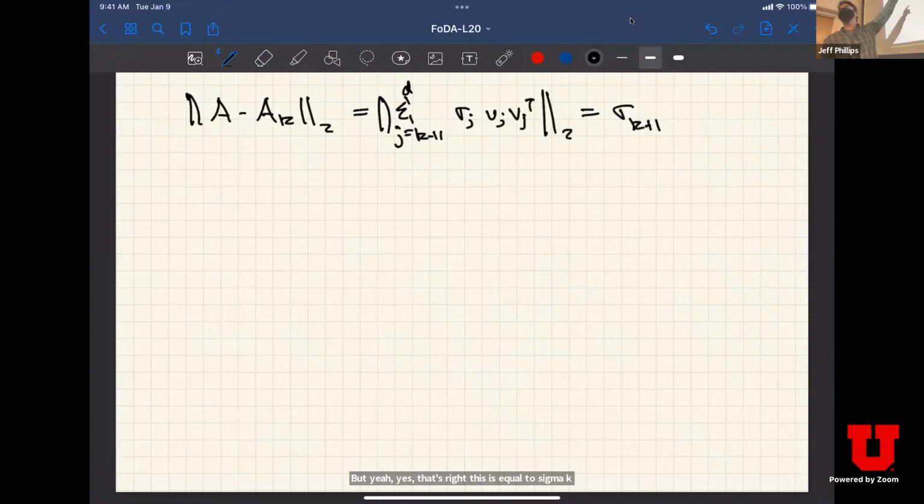Because remember how each of these are defined. Once I've factored out the first K subspaces, then VK is the one that maximizes the rest, and VK plus 1 is the one that maximizes what's left, and sigma K plus 1 is the resulting norm of it. So this is equal to the norm of A VK plus 1, and the answer is just sigma K plus 1.